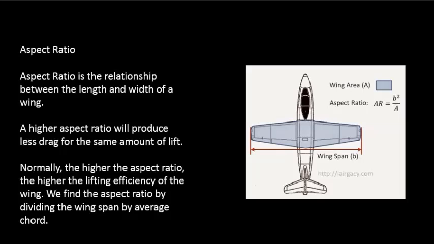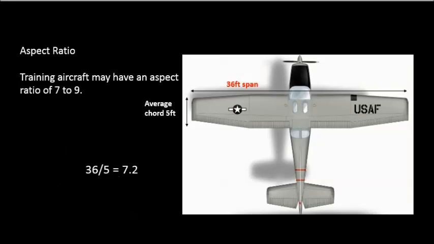So a lot of times when you're thinking, okay, we need to redesign this wing to create a certain amount of lift, to do a certain job. Gliders and, say, training airplanes, the wings look completely different. Moving along here. Aspect ratio of training aircraft is normally around 7 to 9.